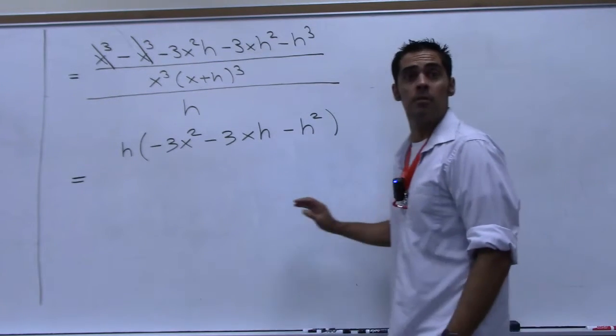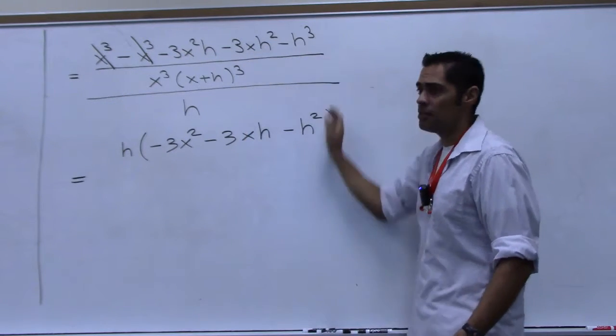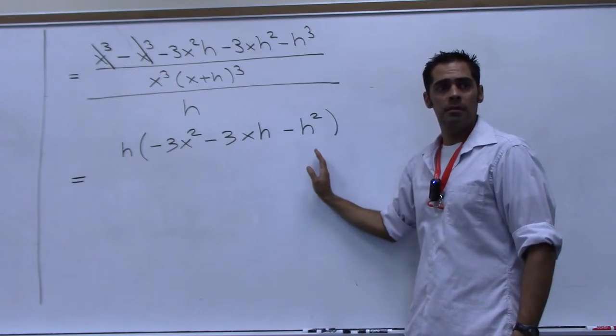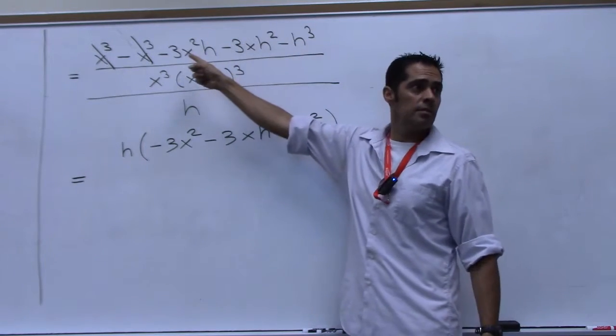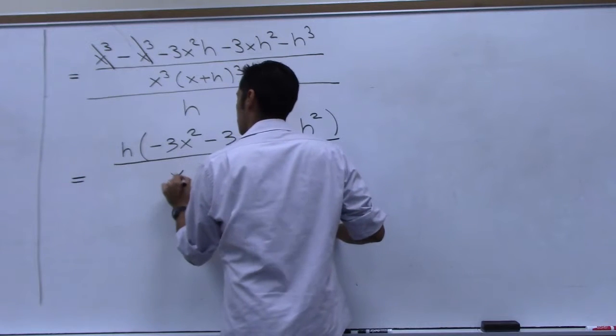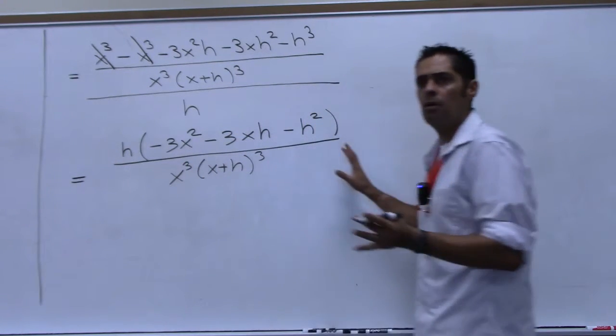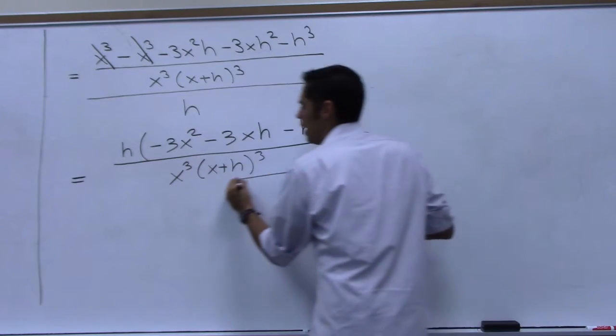You see it? I pulled that h out. I'm pulling one of the h's out of this. I'm pulling one of the h's out of this. So one h came out of each of these. That's all still over my common denominator. I haven't touched the common denominator, right? I've just left it alone. And all of this is over h.